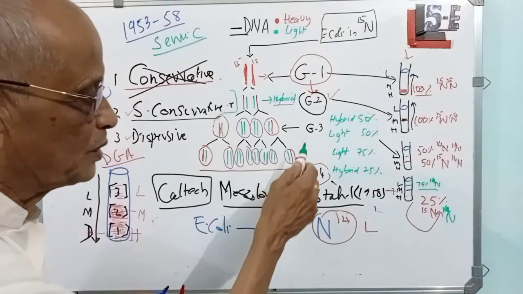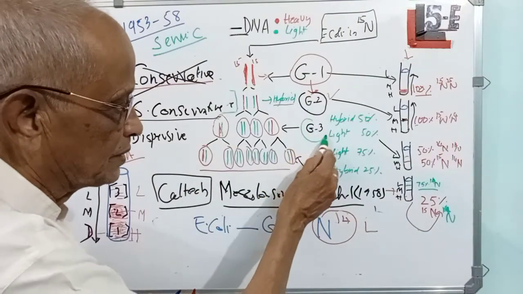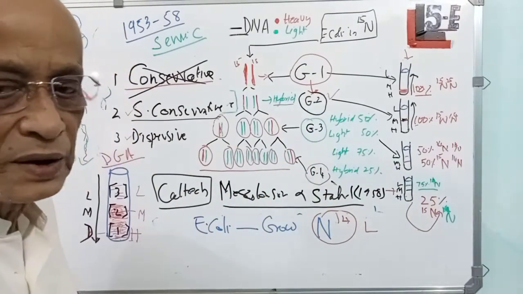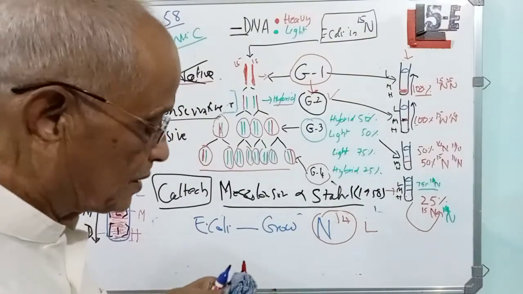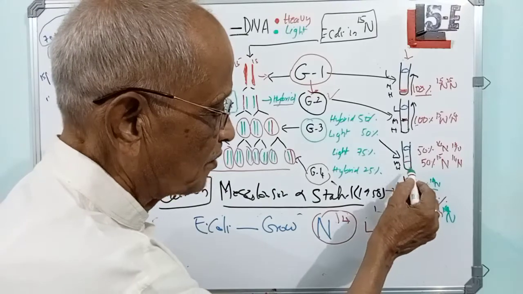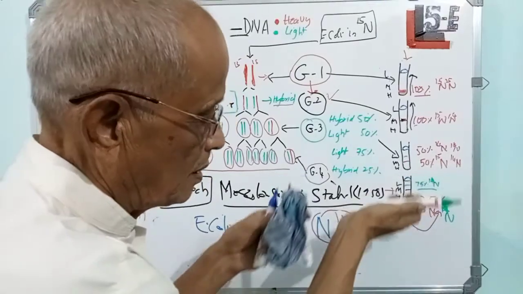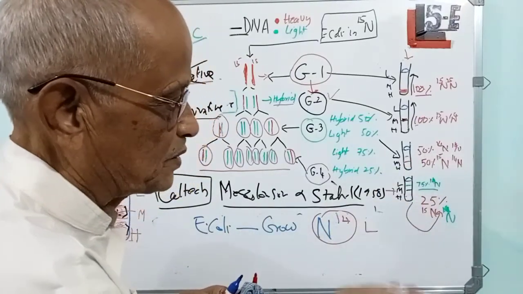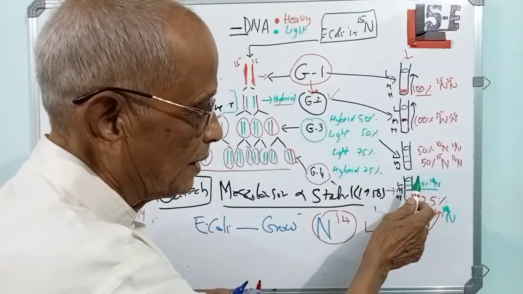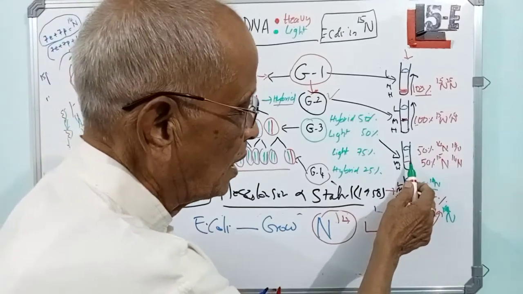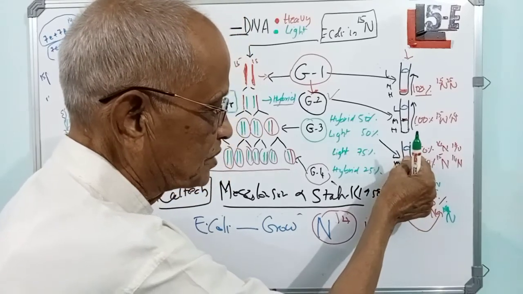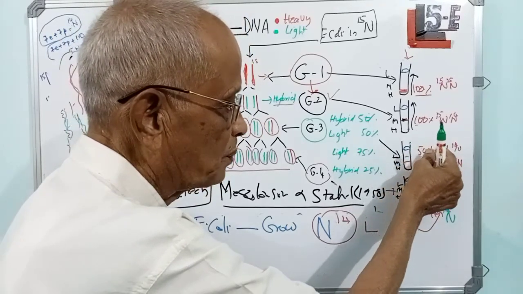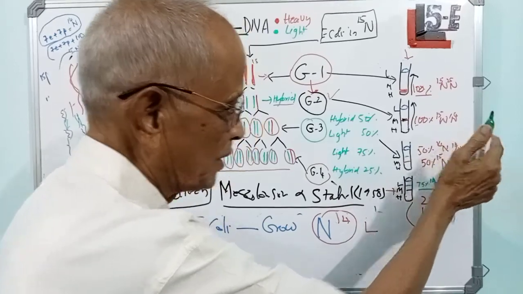When they took the third generation for analysis, they found that 50% of the material, that is, the gradient indicated, was completely in the middle, and 50% was on the top layer, that is, the lighter one.